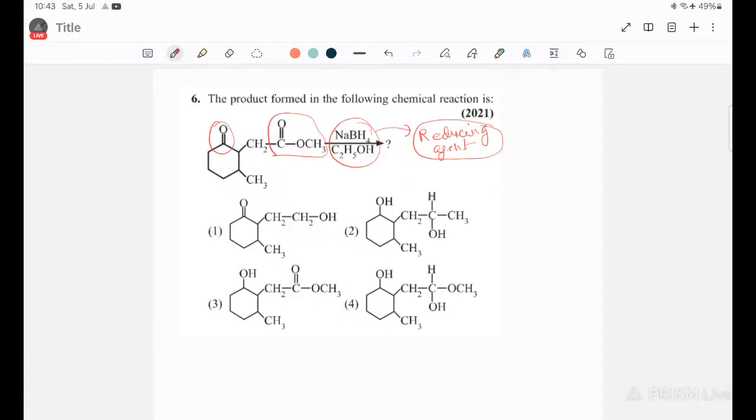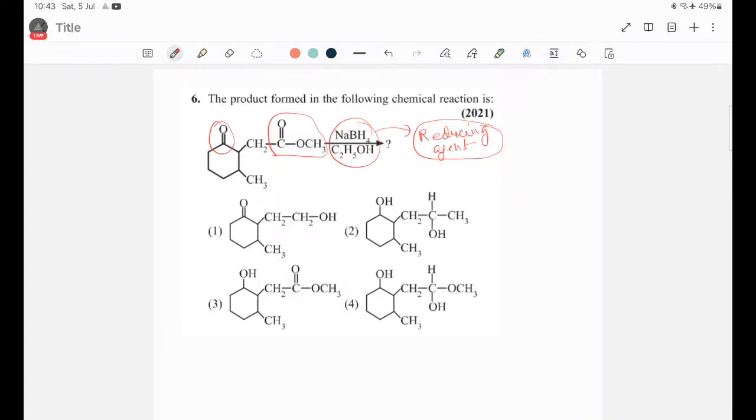Now the NaBH4 can only reduce the acetyl chloride, and that we have covered in your regular classes. It cannot reduce the other derivatives of carboxylic acid like the ester or the acetic anhydride. In presence of lithium aluminium hydride, everything can be reduced, but NaBH4 is a special reagent. It can act selectively.